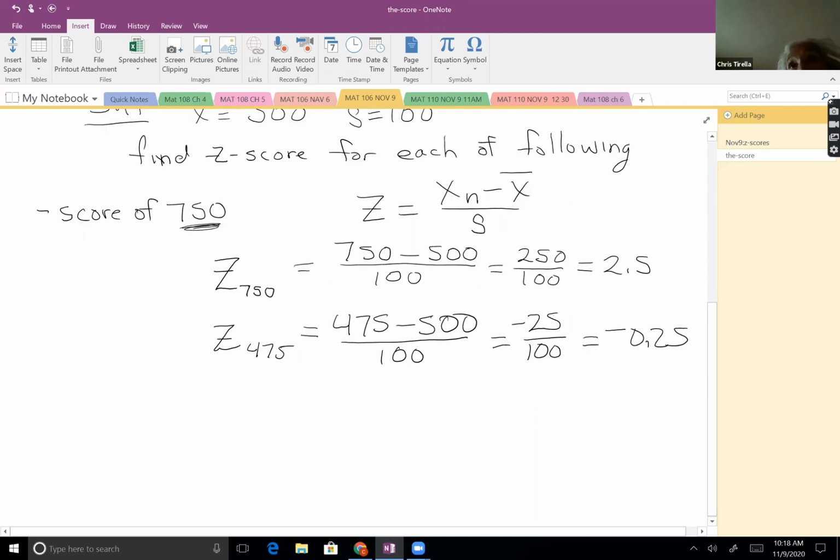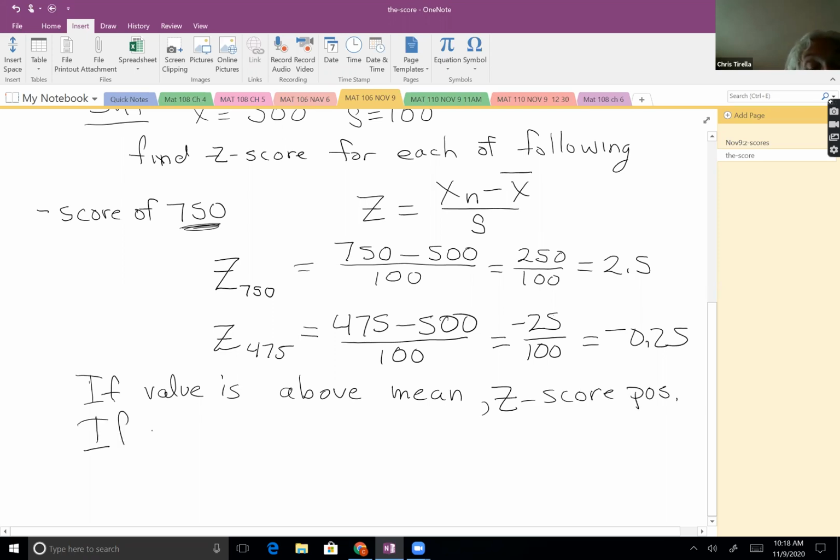And from those two examples, is everybody all right if we make use of Adam's observation to say that if the value is above the mean, the z-score is positive. And if the value is below the mean, the z-score is negative.